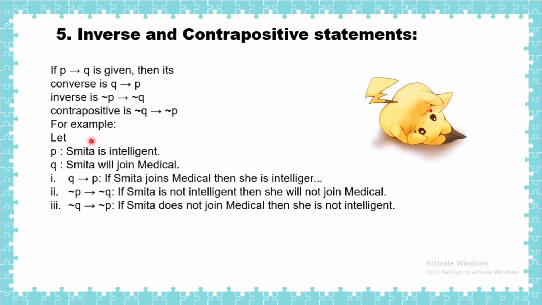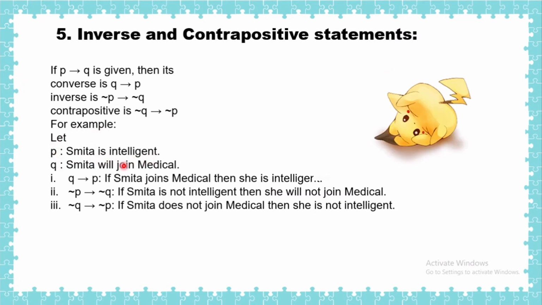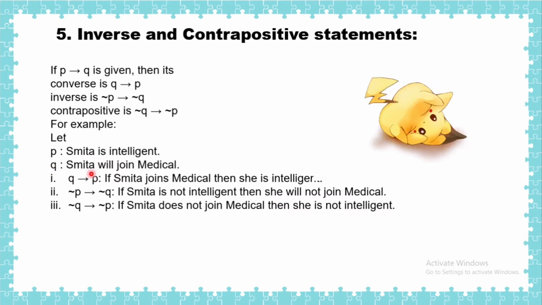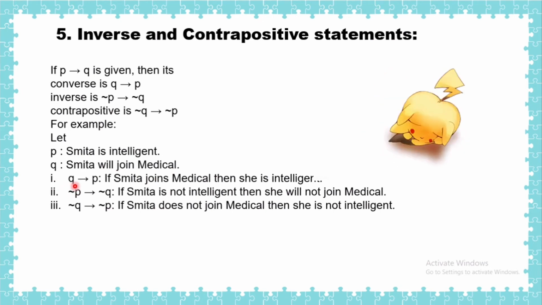For example, let P = Smita is intelligent. Q = Smita will join medical. 1.